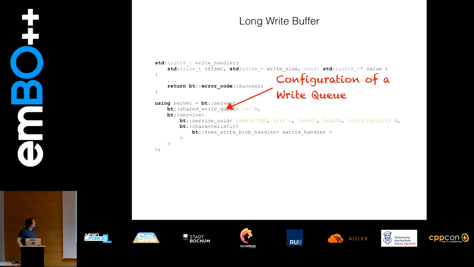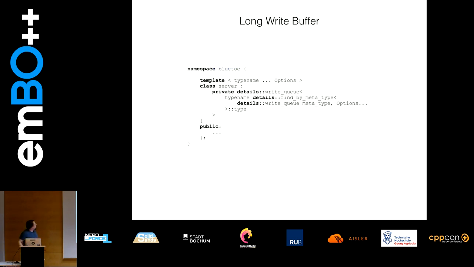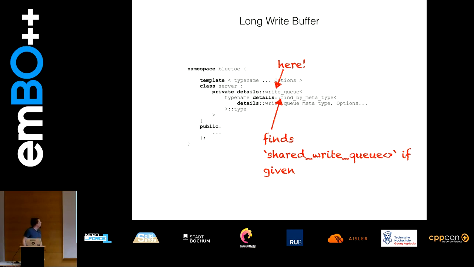Here again, a sketch of the Bluetooth server, this time with another detail. The server will derive from a write queue class with a single template argument here. This find-by-meter-type is a template metaprogramming function that will return either the shared write queue that we have shown in the example before, or if this is not given, it will return the type no such type.